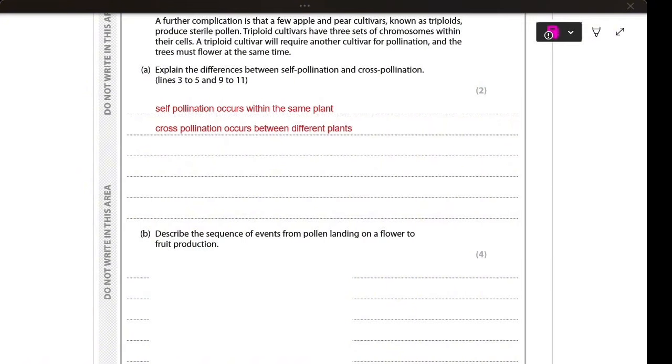This allows the pollen nucleus to go down the style through the micropyle and reach the egg to fertilize it, or fuse with it, so it can form a fruit. And the rest of the part becomes the seed or something else.